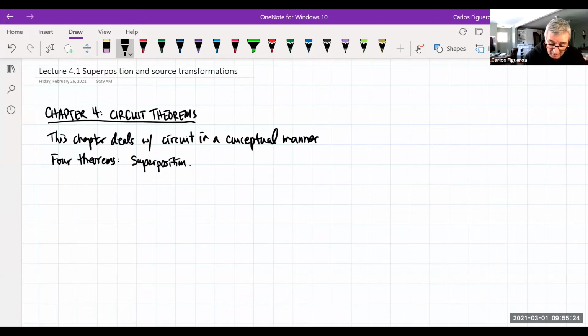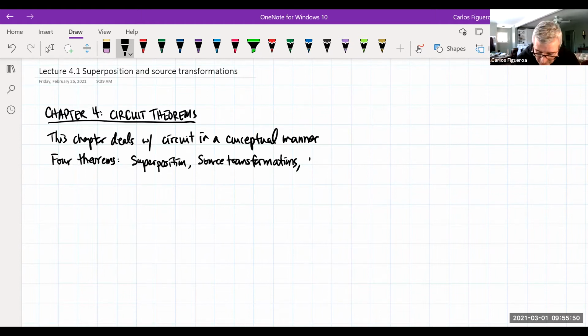You're also going to find these things called source transformations. That means there's a way, if you set it up just right, to convert a voltage source into a current source and a current source into a voltage source. It's a pretty nifty little transformation.